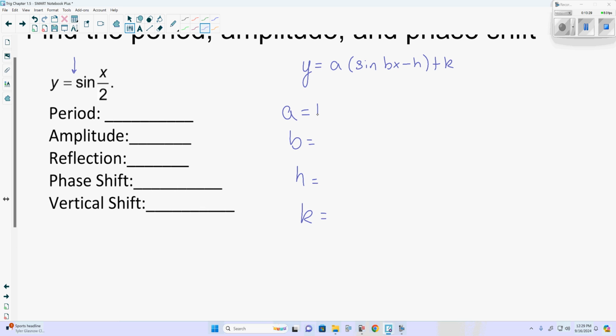B is going to be the number in front of X. Now, it's hard to see it with this here, because X over 2 is going to be the same as 1/2 X. So our value B in this case is 1/2.